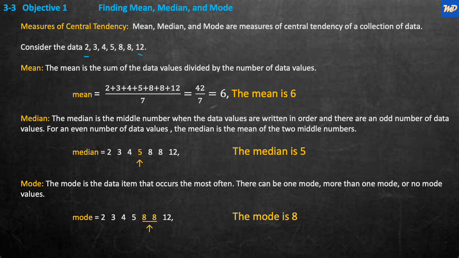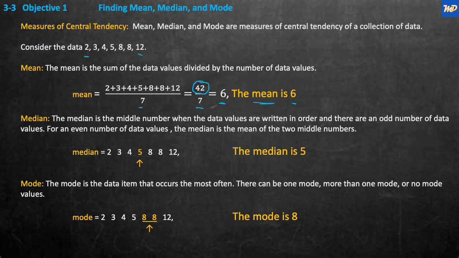So we'll add up all the data values, and as it shows here for the mean, you come up with 42. And then you count the data values. The number of data values is 1, 2, 3, 4, 5, 6, 7. Here it is, divided by 7. 42 divided by 7 is 6. The mean of this data collection is 6.